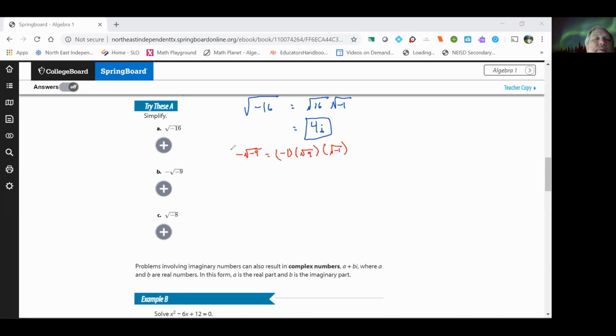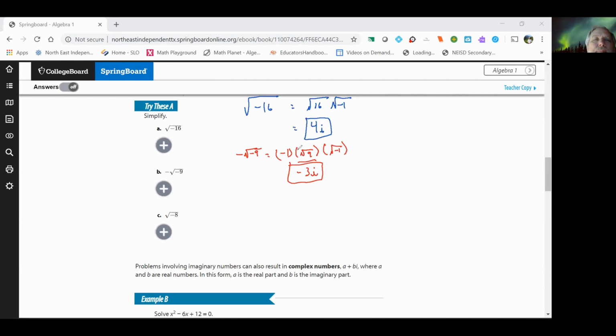And the negative sign is really an implied negative 1. So let's go ahead and do the work. The square root of negative 9 is 3i, and then the negative 1 just makes the whole thing negative. The answer is negative 3i.